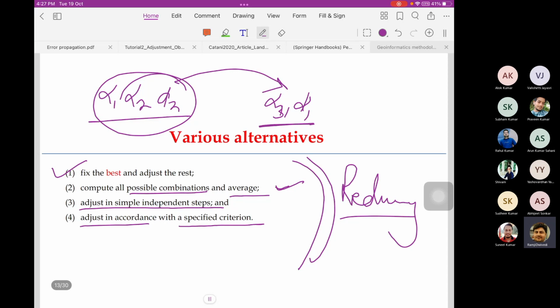This is our job. Now our job is to get an unbiased, best, and, as in our first slide I told you, linearized mathematical model. That means it should be linear, because if it is non-linear, we have to use Taylor series expansion. We have to linearize it. Estimate.